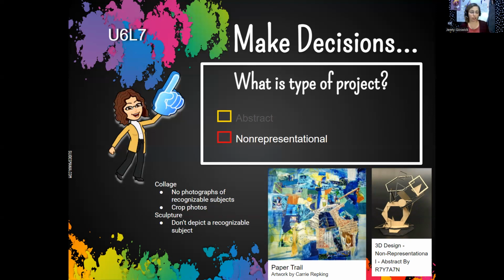And then the sculpture there is another good example of non-representational art. There is no recognizable subject matter. It's just an interesting arrangement of art elements and principles to create a beautiful piece of artwork. That's the most important thing when you think about non-representational, is you're using those art elements.